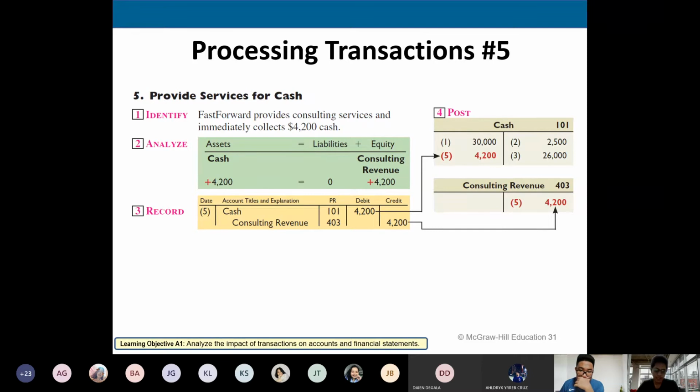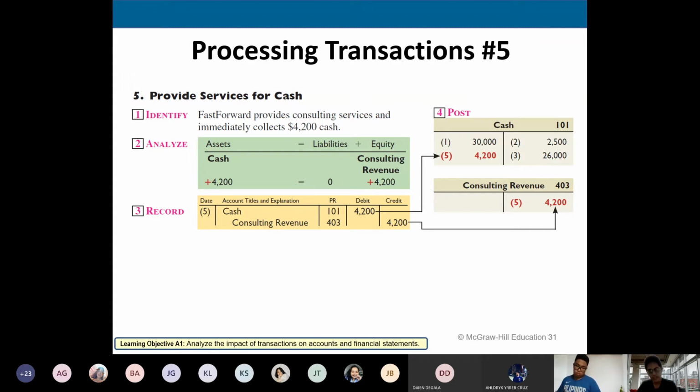Di ba merong lumabas sa quiz nyo na as a general rule, sa principles natin, we use the accrual basis of accounting? Do you still remember that principle? Regardless kung kailan mo makokolect yung cash, as long as you have already rendered the service, meron ka ng right to recognize the earned revenue or earned income sa libro mo, tama ba?